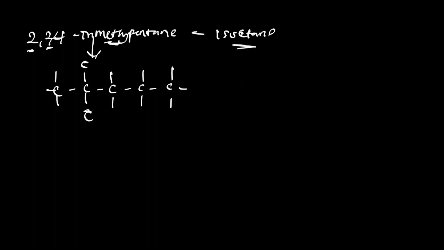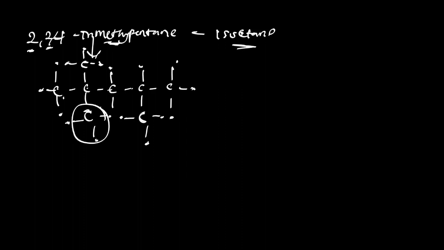So 1, 2, and here too. Isn't it? I don't need to write all the hydrogen atoms, because they are all hydrogen atoms placed here. Let's try to save time. So this particular one is methyl, this is methyl, and this is methyl. That's why we have trimethyl.